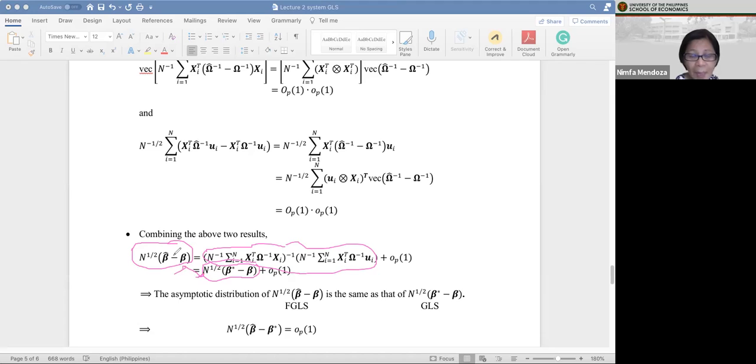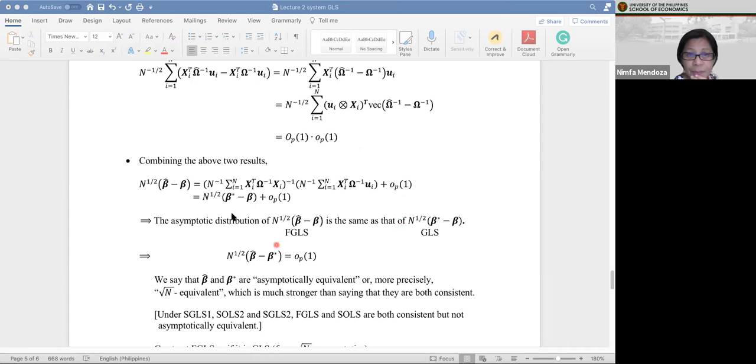Beta hat here is feasible GLS, while beta star is GLS. So if you get the difference, this minus this, you get OP1, or n to the 1/2 beta hat minus beta star is OP1.